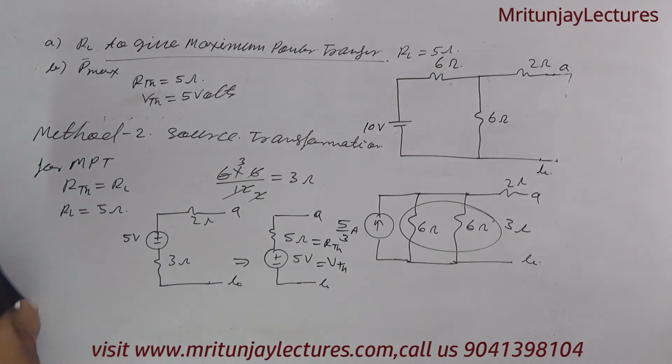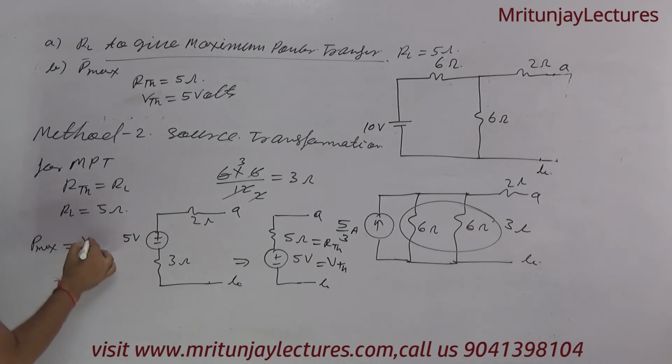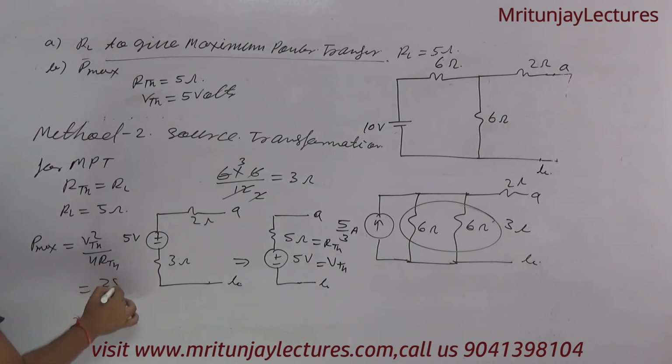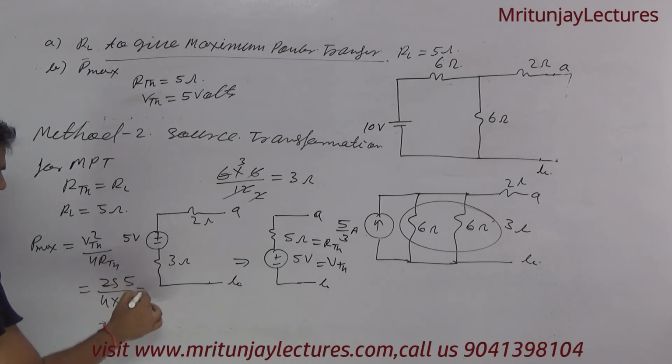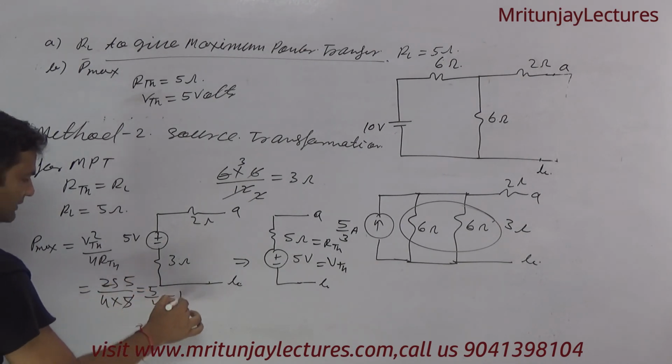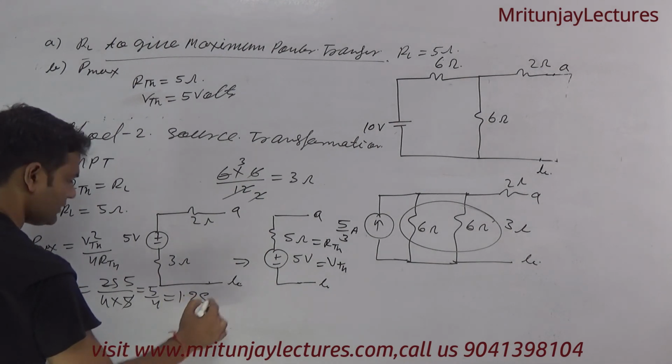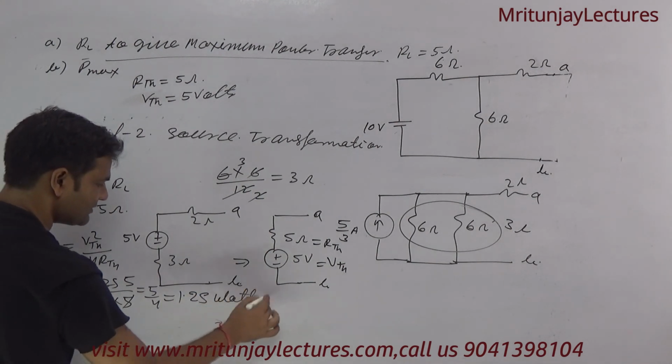Now next target is Pmax. Pmax equals VTH square divided by 4 RTH. So VTH is 25 divided by 4 into RTH, which is 5. So 5 by 4, that is 1.25 watt. This is the final answer, make it.